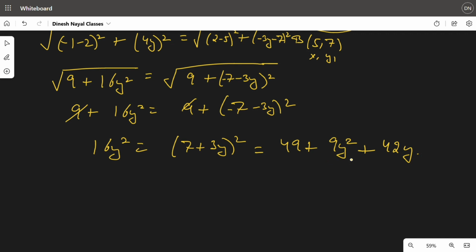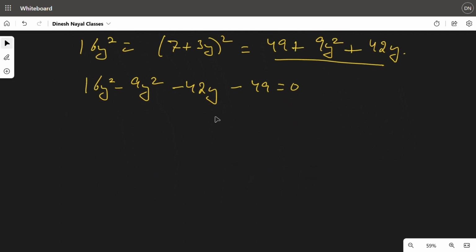So now take all these this side towards the left. 16y square minus 9y square. This will become minus 42y, and this will be minus 49 equals 0.